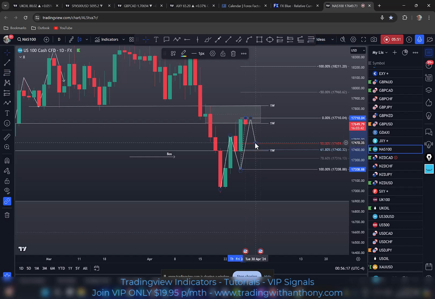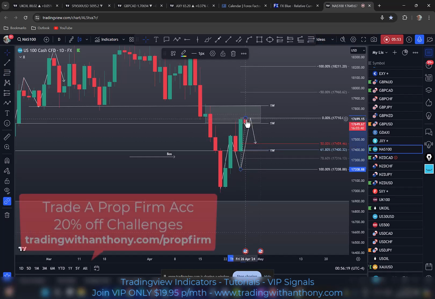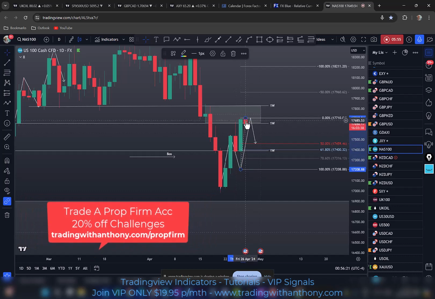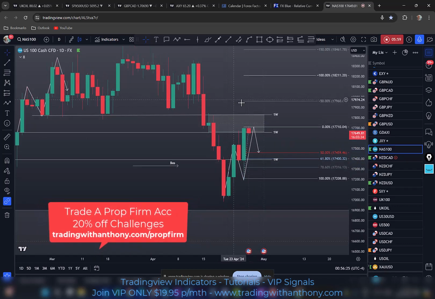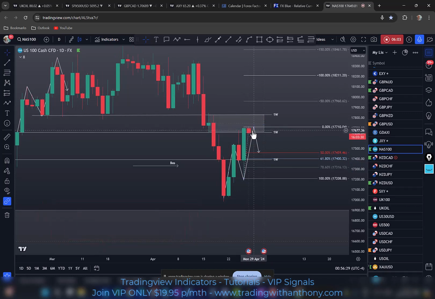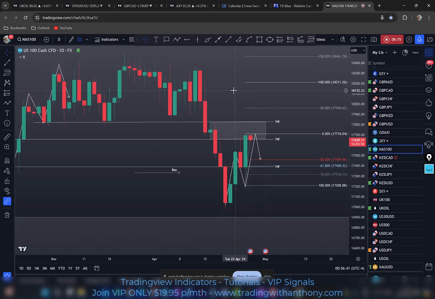Possibly a buy down in here, but you don't want to be buying at a premium, right? So the strategy that I'm using will possibly give me a counter trend short, but more importantly, I'm looking for a buy, and if it's traced back down in here, well, that could be Monday or Tuesday, and that could possibly offer an opportunity to buy, possibly. Just see how things shape up, right?